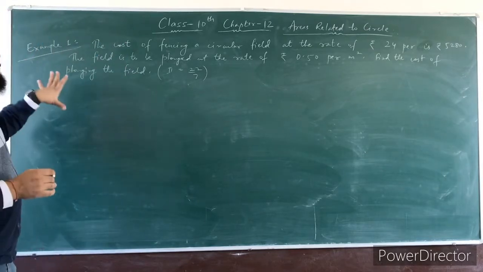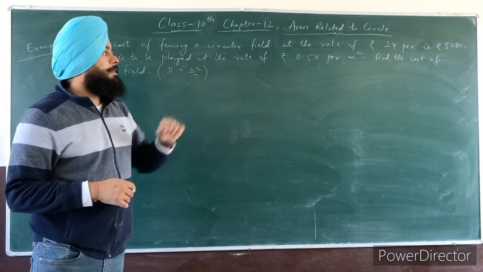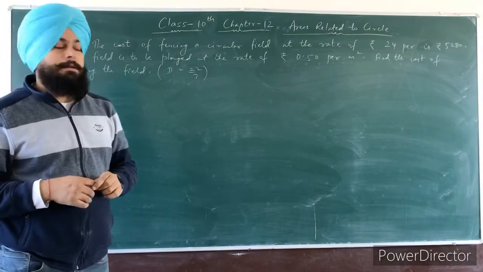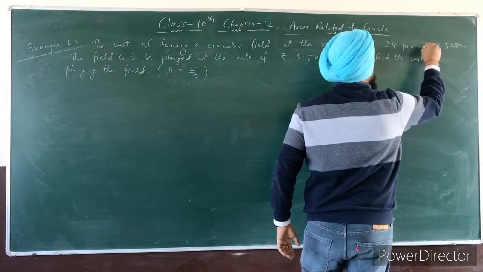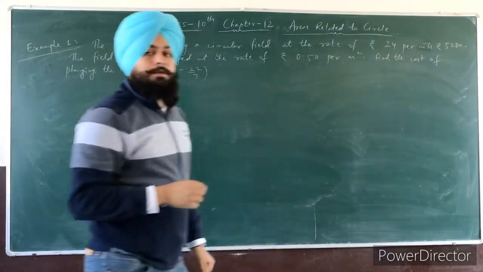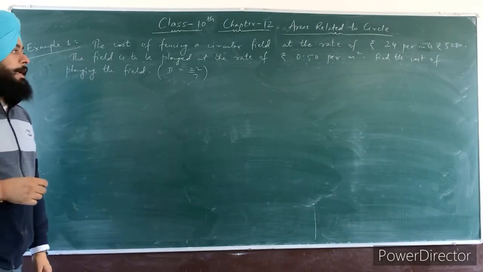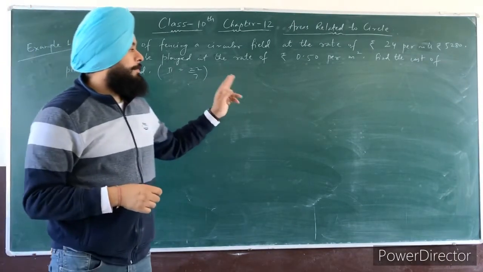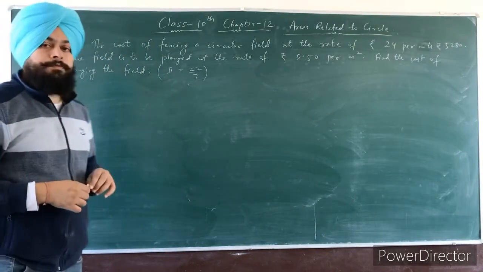Alright. The first example is: the cost of fencing a circular field at the rate of rupees 24 per meter is rupees 5280. The field is to be ploughed at the rate of rupees 0.50 per meter square. Find the cost of ploughing the field.